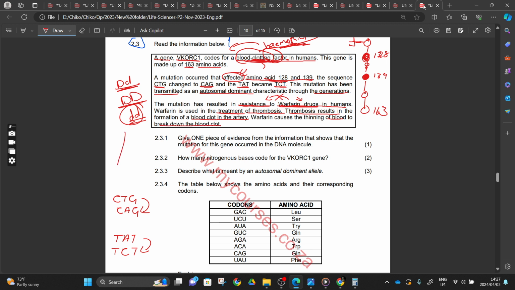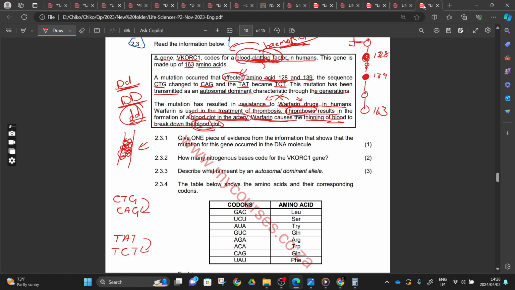So here's the thing: if you are suffering from thrombosis, it means that your blood is going to clot, right? You are suffering from blood clotting in the arteries, right? So when you have this, we give you warfarin, and this drug is going to make the blood thin, and then it will break down the blood clot. It's a lump, something like a pap. You understand? When you have a pap and then you clot it like that.